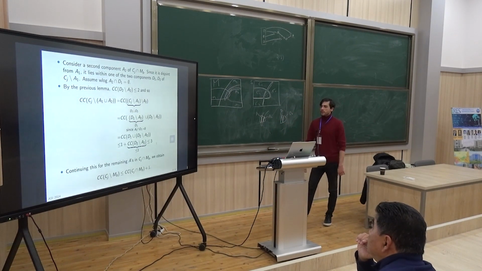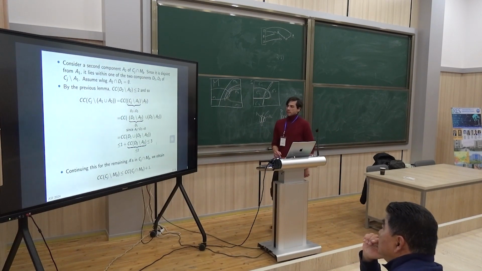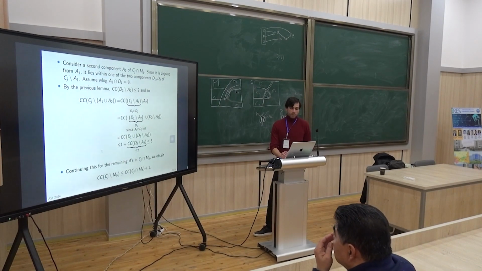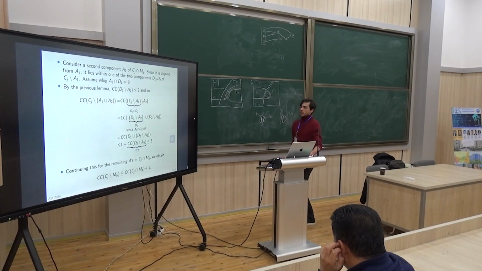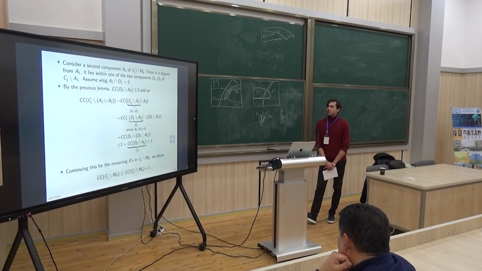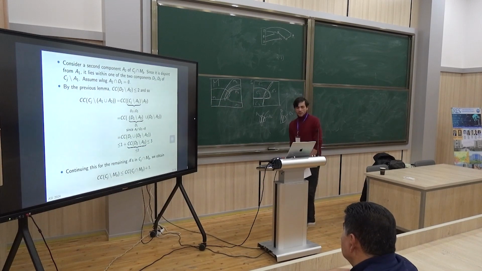And if we iterate this, when we remove M3, which consists of all those A's from CJ, we get an upper bound which is equal to the number of connected components of CJ intersecting MP plus 1.